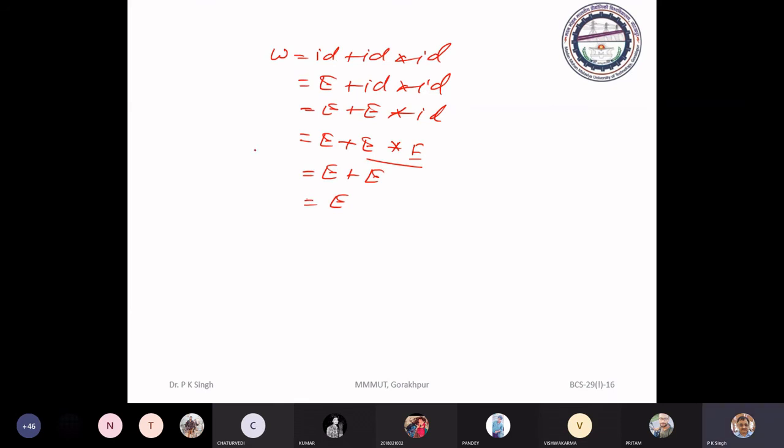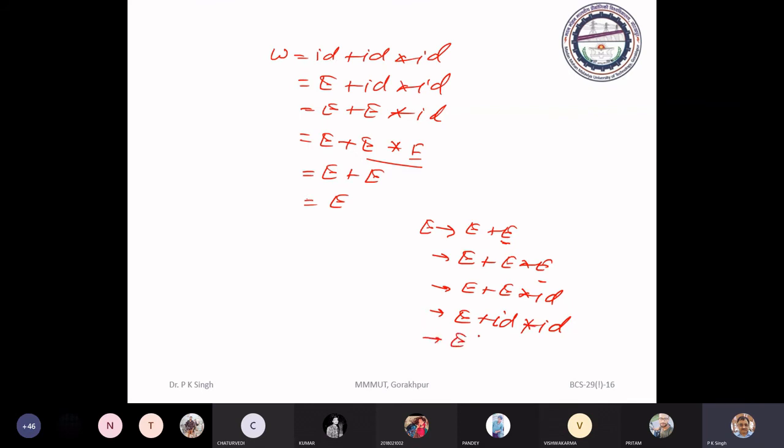If you see the rightmost derivation of this string, it is E plus E, next E plus this will be considered into E, then this rightmost non-terminal E plus E into ID, E plus ID into ID, ID plus ID into ID.